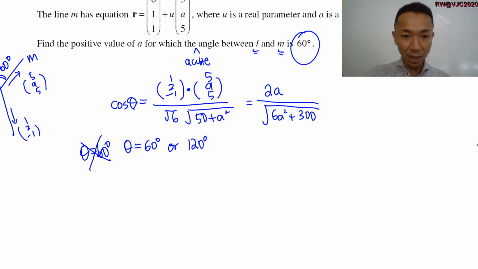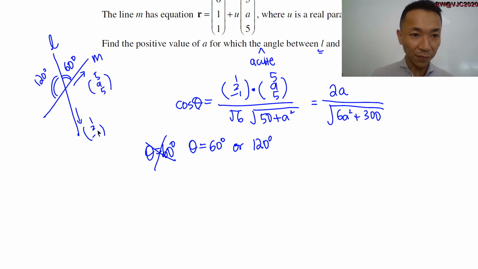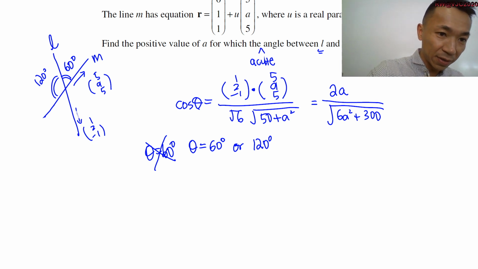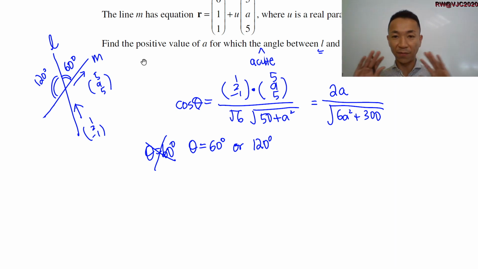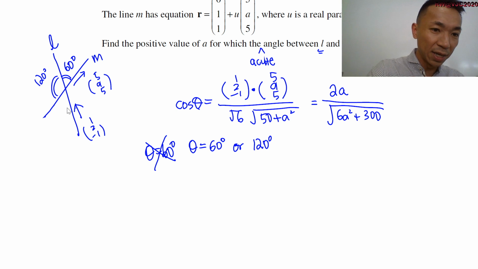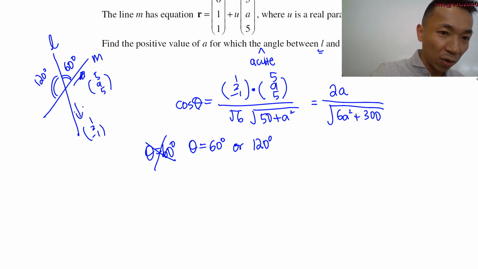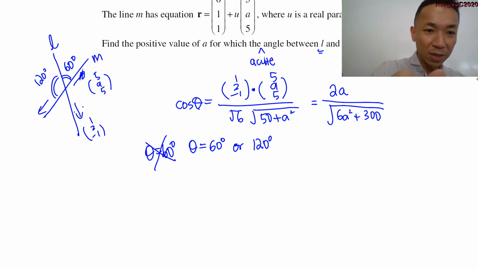As I said earlier, your orientation of the vector could be like this. Or, if you are lucky enough, then it could be like this. If it's like this, then you happen to get 60. Fine, well and good. But you must consider the chance that actually your (1, 2, minus 1) is this way, or this one is this way. You don't know. You really don't know.